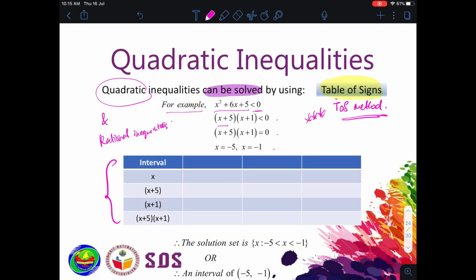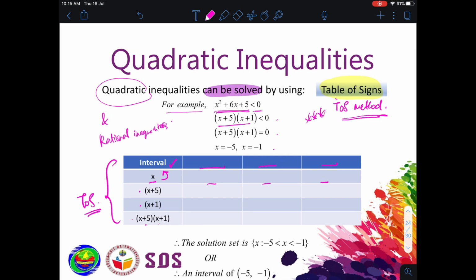Instead of an equation, we use this table, which I call the table of sign, where we have a few intervals. We have a few values of x within each interval, then one of the factors from the quadratic equation, another factor from the quadratic equation, and lastly the multiplication of both factors.